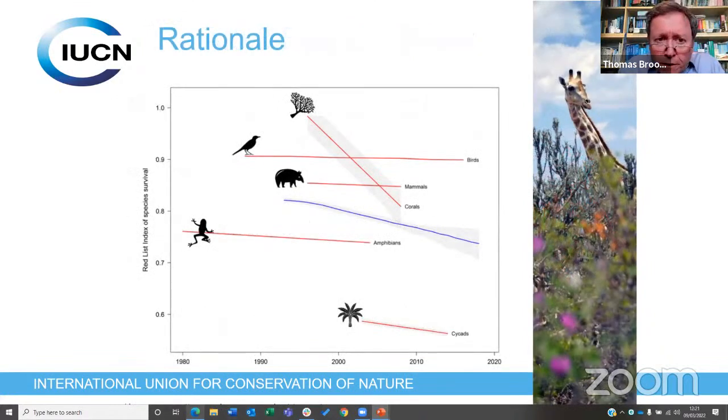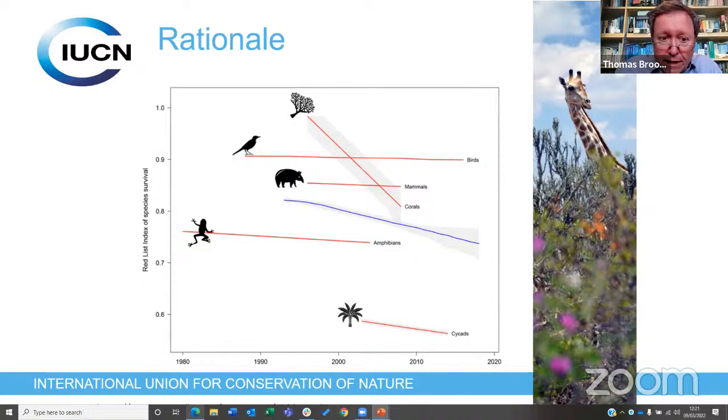Now, of course, species extinction is the most fundamental and irreversible of human-caused environmental impacts. And so having an indicator to track this is fundamental to delivery of the post-2020 Global Biodiversity Framework.